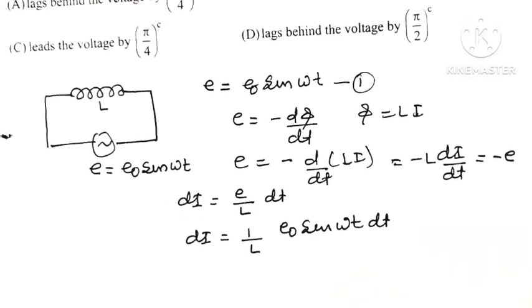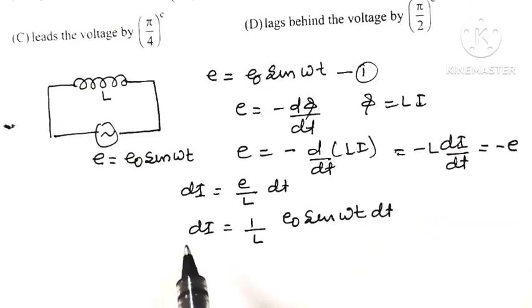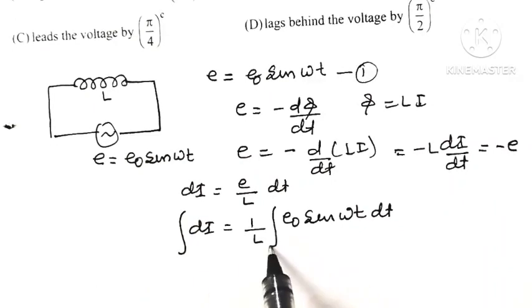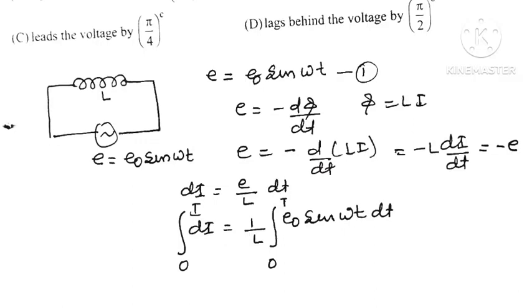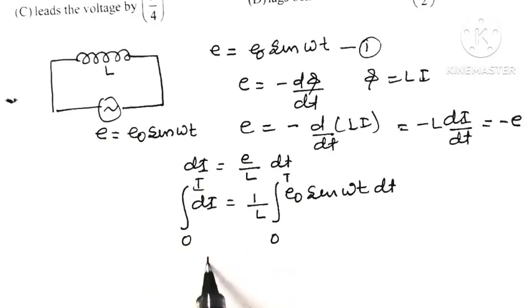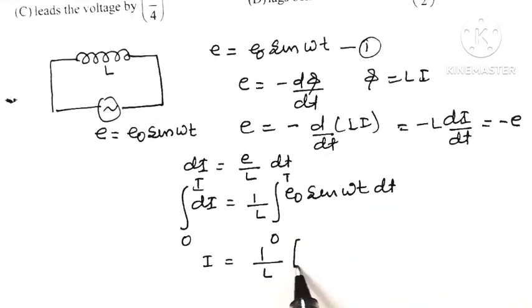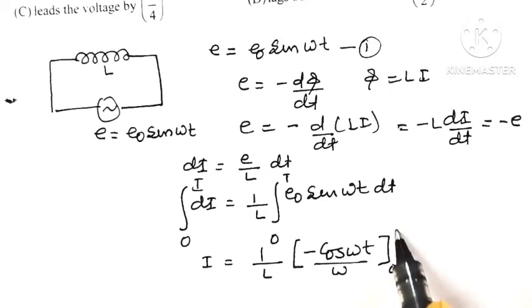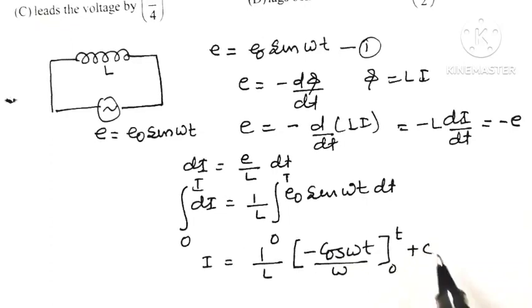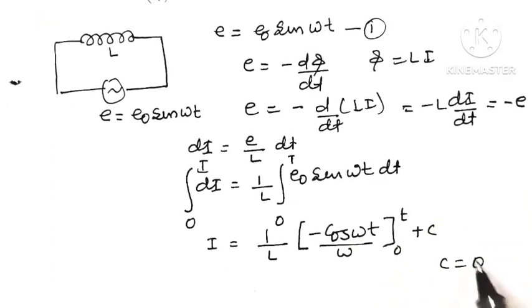Taking integration on both sides, the limit is 0 to I on the left and 0 to t on the right. The integration of di is I, which is equal to 1 upon L times the integration of sine omega t, which is minus cos omega t upon omega, with limit 0 to t, plus some constant of integration c, and that value of c is equal to 0.